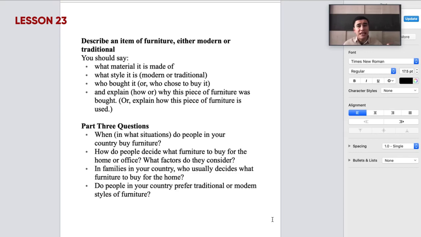Or you can say that now it is becoming more and more popular to use the services of designers. And of course, after analyzing the interior design of a house or an office, they recommend buying certain furniture. Okay? In families in your country, who usually decides what furniture to buy for the home?